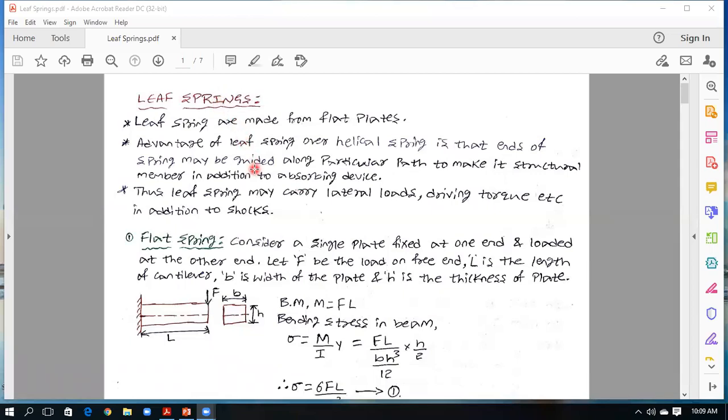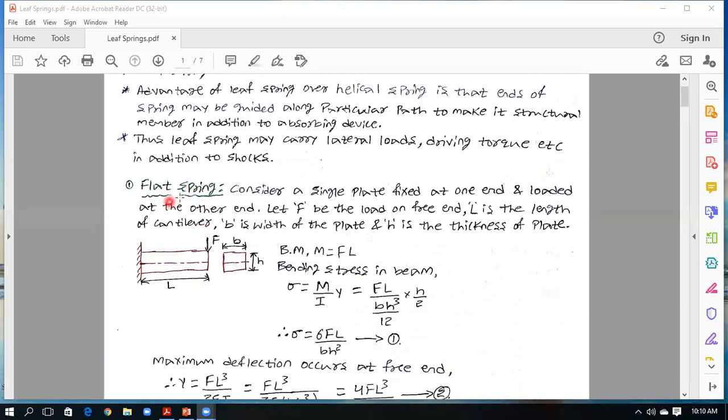Now we'll see how many types of leaf springs are there. The first one is a flat spring. In this flat spring, it consists of a single plate which is fixed at one end and loaded at the other end. This is nothing but a cantilever.